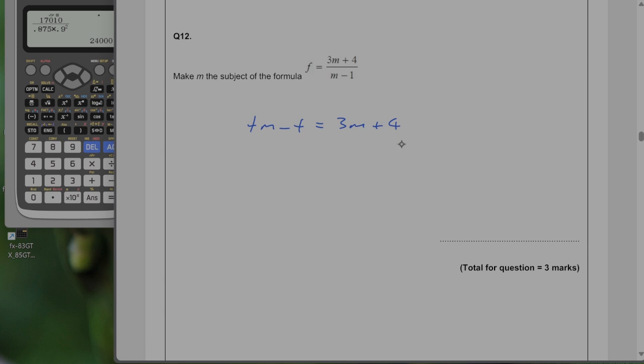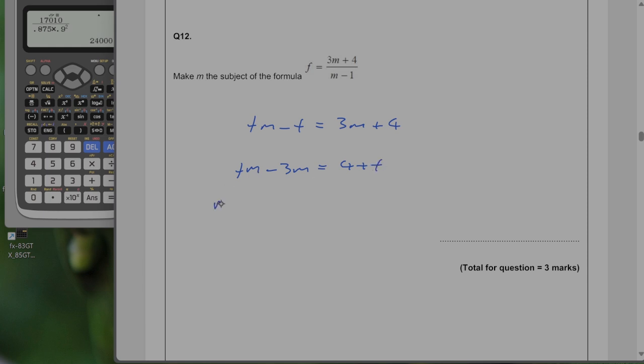Now I'm going to take my m's over to the left, everything else over to the right, just to keep everything positive where I can, or reduce the number of negatives anyway. So that would give me fm minus 3m is equal to 4 plus f.